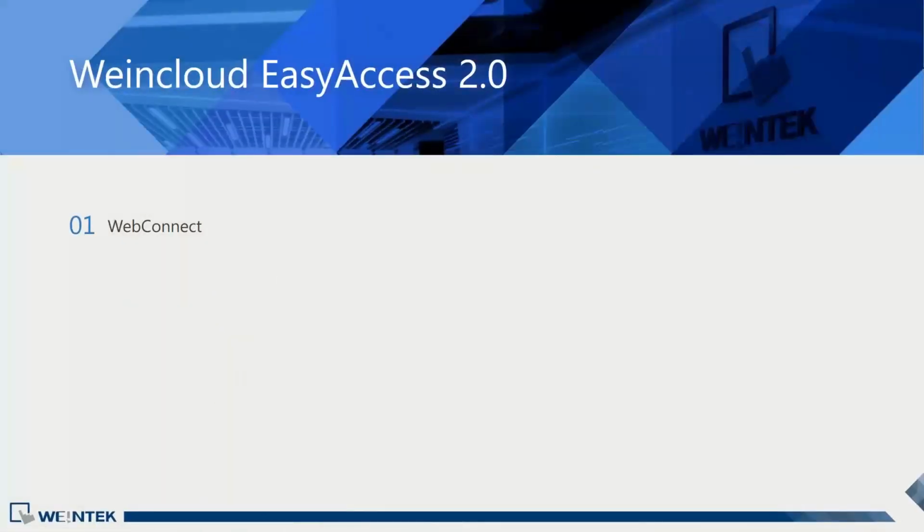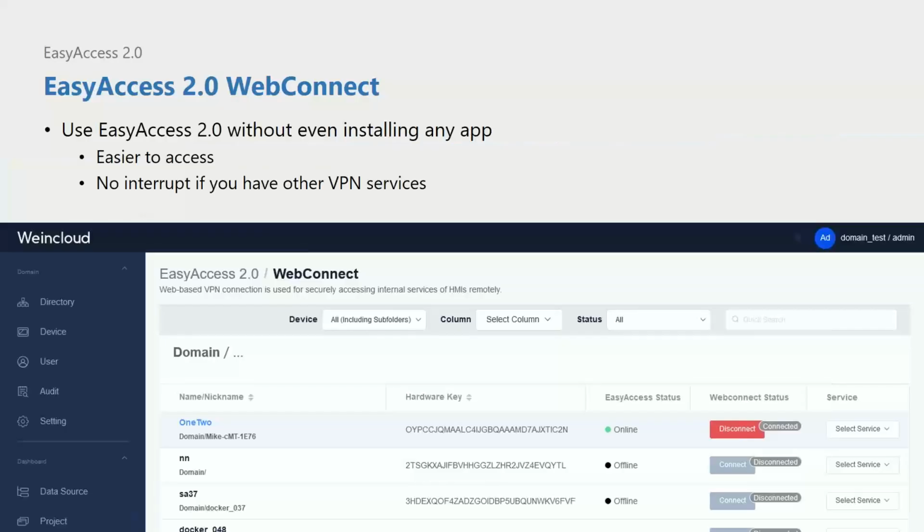Now, introducing a new feature, WebConnect. WebConnect is a service built on easy access technology that revolutionizes accessibility without the need for additional mobile phone or laptop applications. WebConnect simplifies access to HMIs through a convenient HTTP-based service.